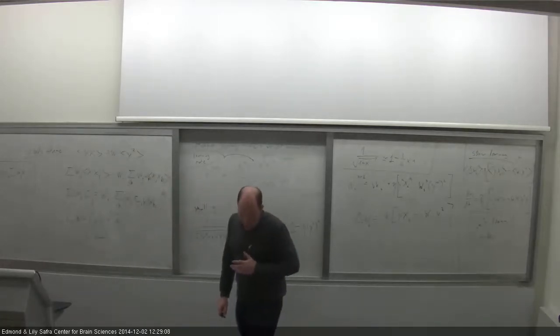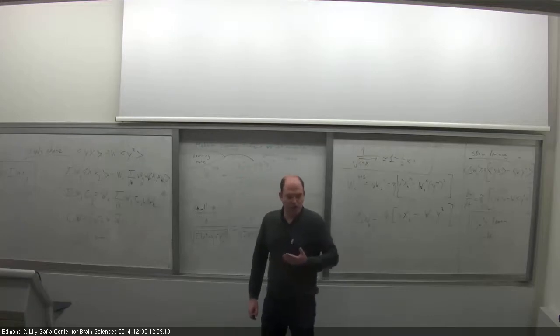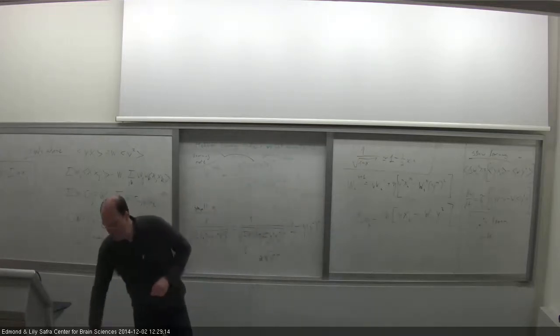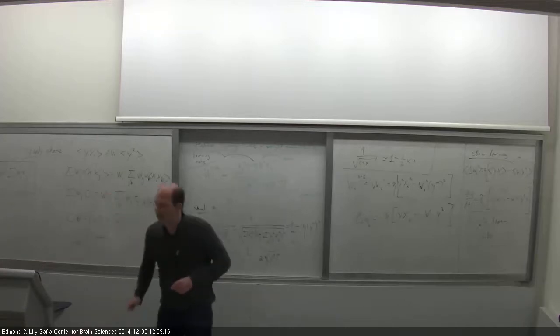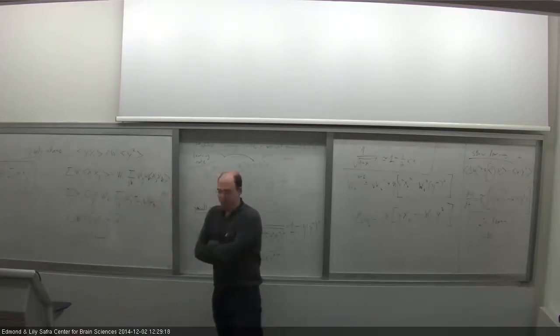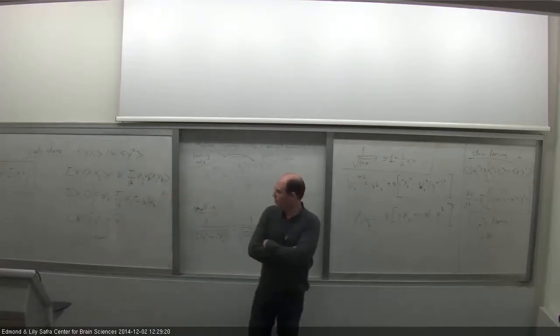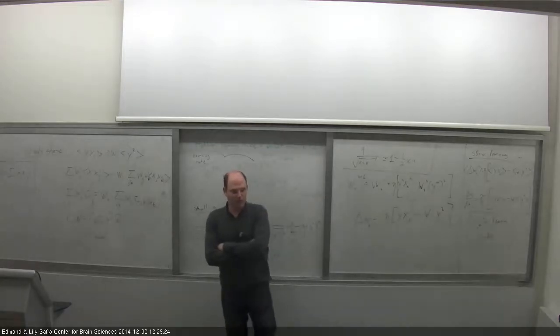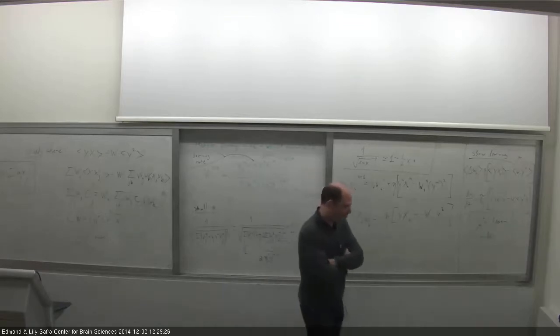Now I will just tell you, without showing this, but you will work on this question a little bit in the next exercise, that it turns out the system will choose the first principal component, and I will explain why.